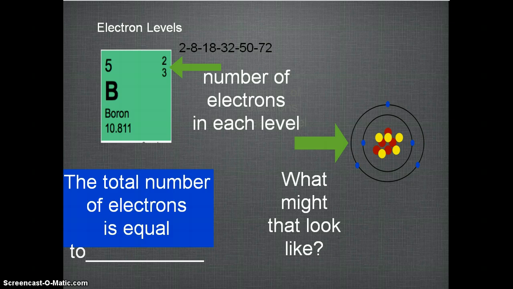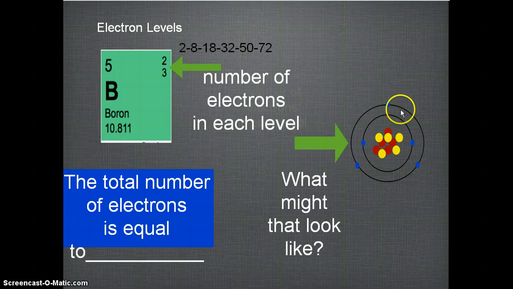Okay, so electrons can be arranged in an order. They have electron layers or shells, and there are a certain number of electrons that can fit in each layer. So the first one is 2, next one's 8, next one's 18, etc. I'm not going to assess you over this, but it's good to know. Now, atoms don't look like this, okay? But we use this model to kind of explain what's going on.